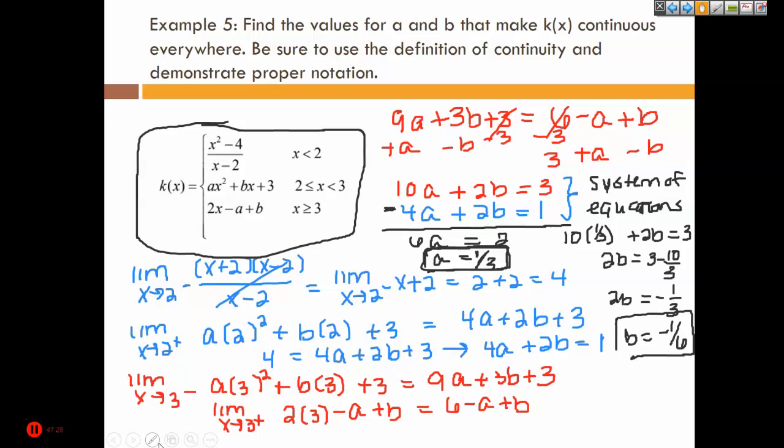We couldn't combine them. But because both the limits came from the k of x function that we were trying to create continuity for, I needed whatever the a was here to be the same a there, and I needed the b here to be the same b there. So by technicality, those functions were connected from the beginning.